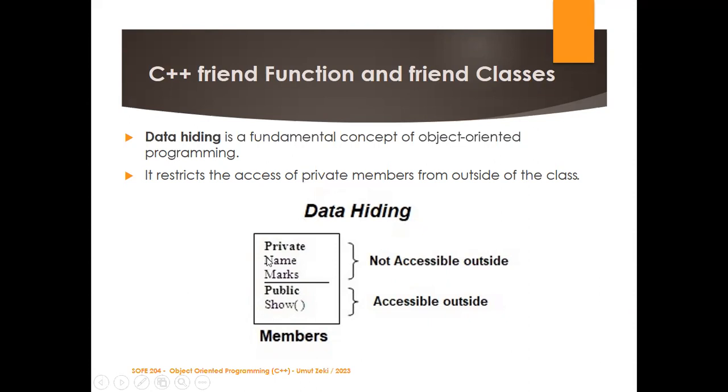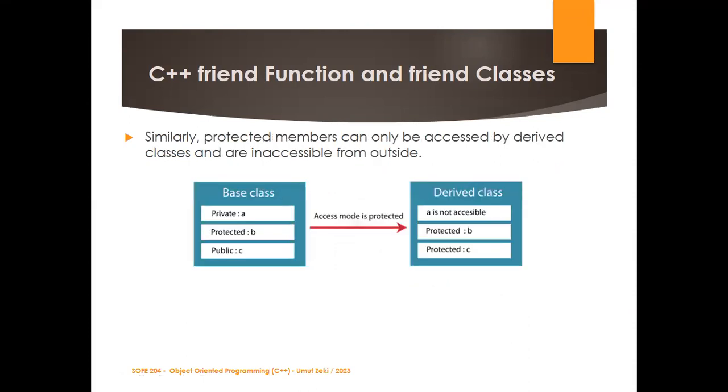You know that if it is private, it is not accessible outside. Also, protected members have a similar thing. Protected members can only be accessed by derived classes and are inaccessible from outside.